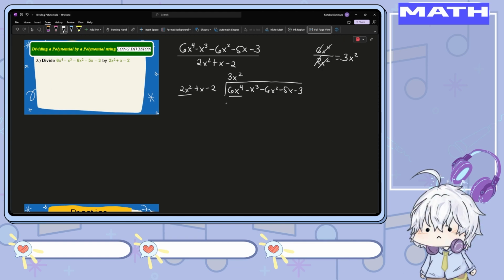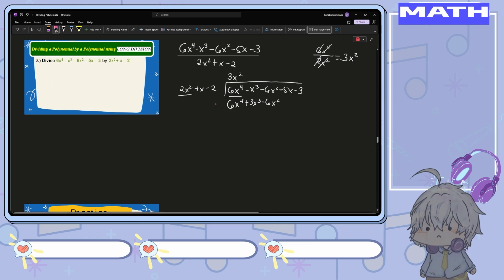Doing so, we multiply 3x squared to the entirety of the divisor, which will be 6x to the fourth plus 3x cubed minus 6x squared. If you want to add this, we need to change every sign.